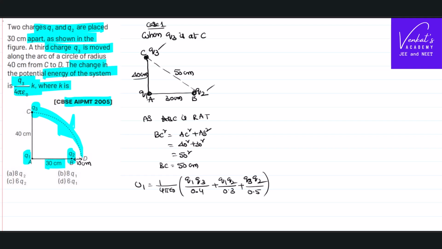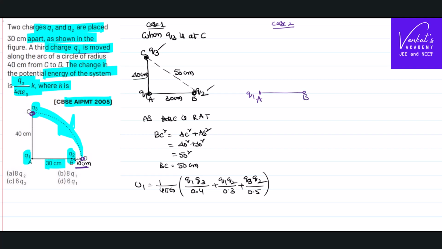Now, let us talk about case 2. What is said in case 2 is Q3 is moved from here to a point D where this distance is given to you as 10 centimeters. So, I can draw a new diagram now. At A there is Q1, nothing changed.